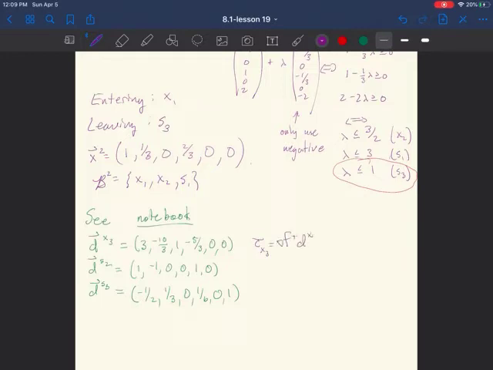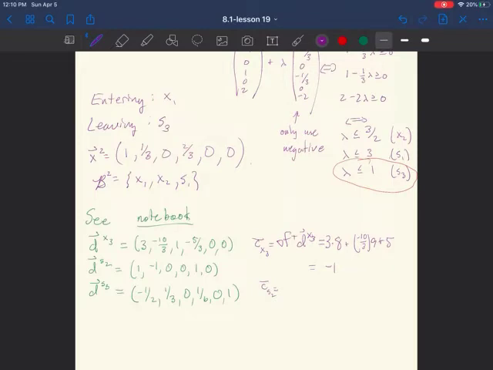The reduced costs here: x3, again, it's the gradient transpose dx3. In this case, it's going to be 3 times 8 plus minus 10/3 times 9 plus 5. And what does that turn out to be? Let's see, 24 minus 30 plus 5 is minus 1.